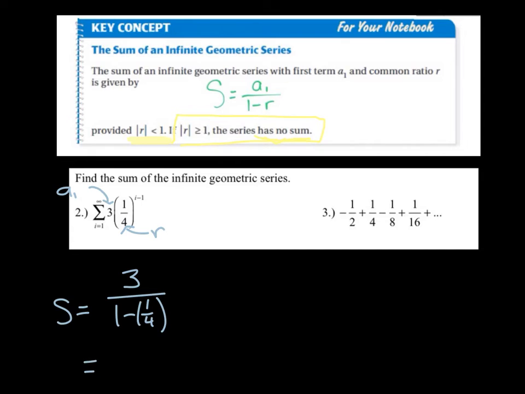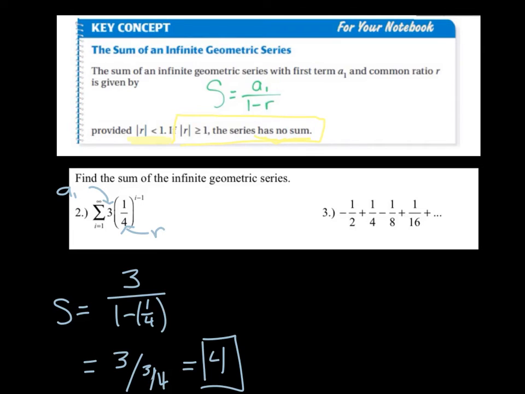So that's going to equal 3 divided by 3/4, or 0.75, however you guys want to write it. Which equals 4. So the sum of this infinite series is going to equal 4. Every term added up is going to equal 4.